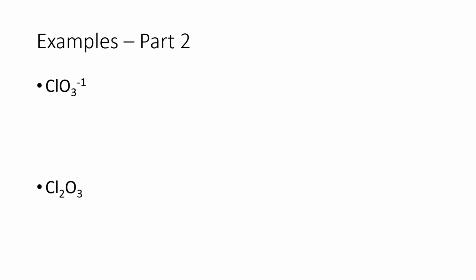In this second one, the neutral compound dichlorine trioxide, if we split that formula out, we get Cl2O3. So now I'm going to draw a box above each, which is where we're going to draw in the oxidation number. Now, chlorine, we don't know, so I'm going to just leave it as chlorine. But oxygen, when it's in a compound, is -2.